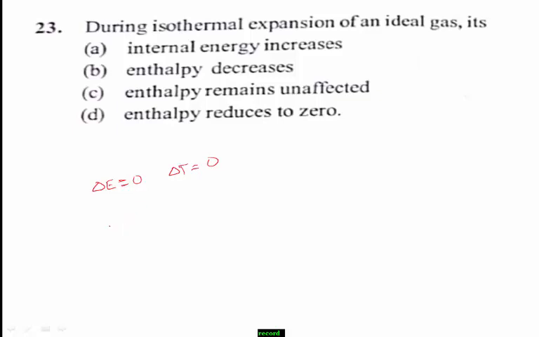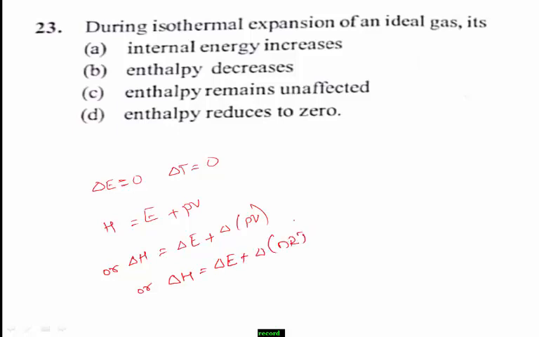From the definition of enthalpy, H equals E plus PV, or delta H equals delta E plus delta PV, or delta H equals delta E plus delta nRT, since PV equals nRT for an ideal gas. Therefore delta H equals 0.